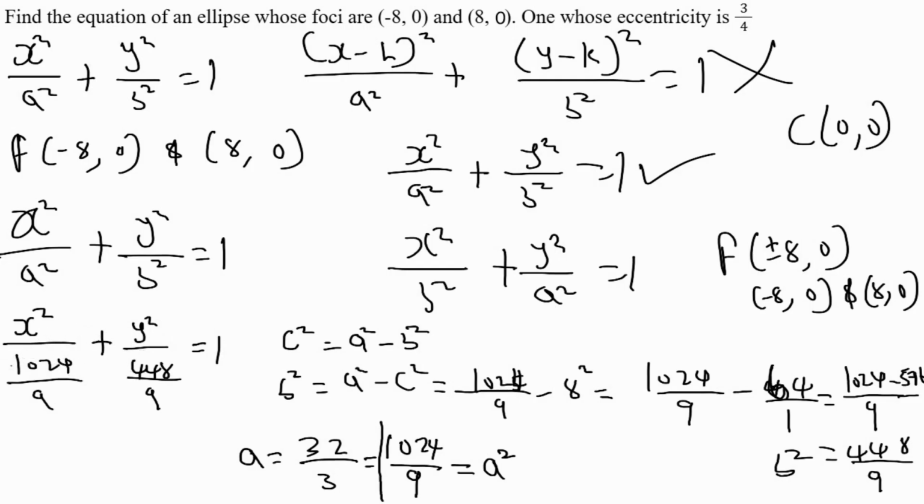Now if you use the concept of keep and flip, you should have 9x squared divided by 1024 plus 9y squared divided by 448 equals 1. So this is our final answer. Now it makes sense. The value of A is now more than the value of B.